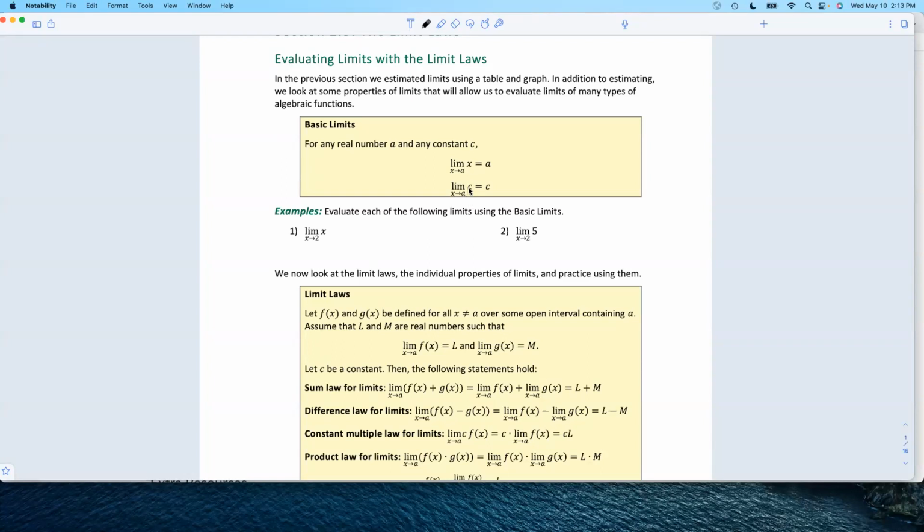The limit of a constant is just that constant. So the limit as x approaches 2 of x is 2. The limit as x approaches 2 of the constant 5 is 5.